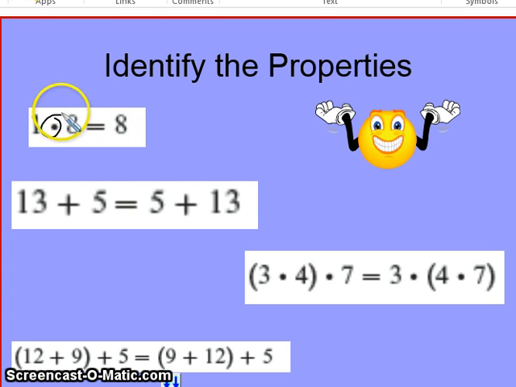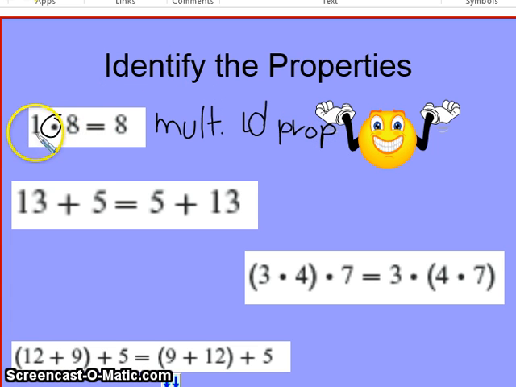Basically, the real number in the problem, other than 1, maintains its identity. So this property is the multiplicative identity. I'm going to abbreviate this, multiplicative ID prop. Multiplicative identity property, because we're multiplying a number by 1, and that number is maintaining its identity.